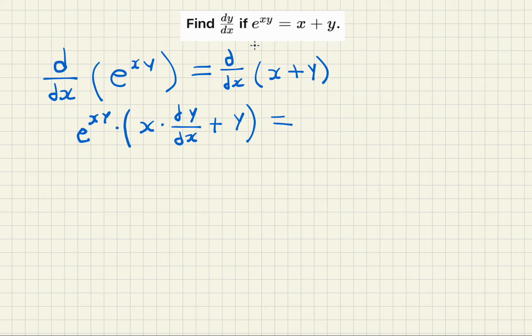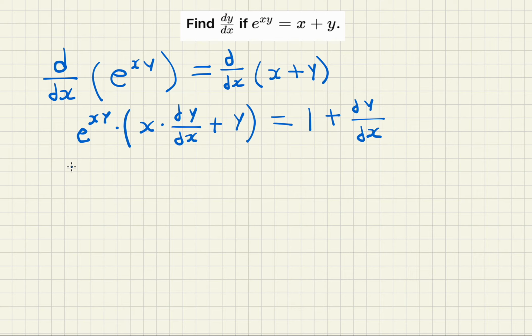Now, with the right side, it's pretty simple. Derivative of x, like I said, is 1, and the derivative of y is dy over dx. And now, before isolating dy over dx, it's important that you expand the equation. So in this case, that would mean multiplying both of these terms by e to the power of xy.